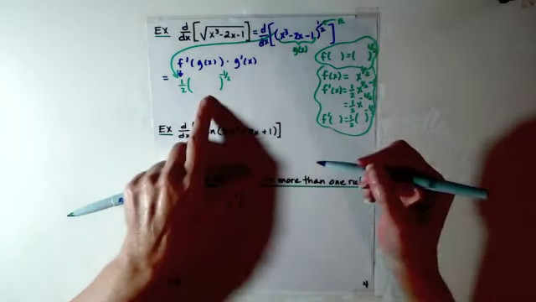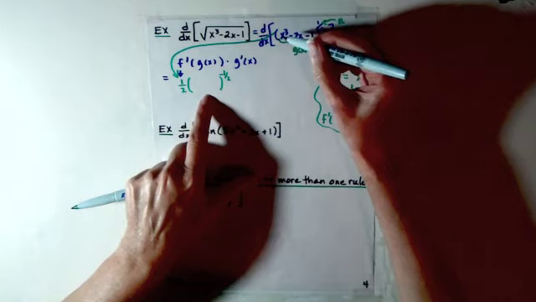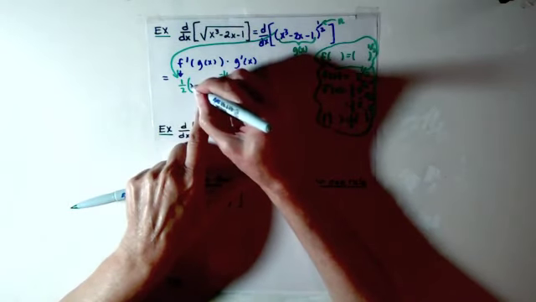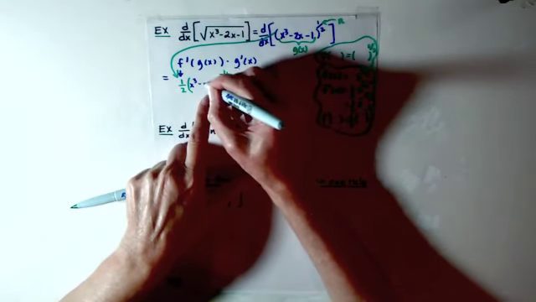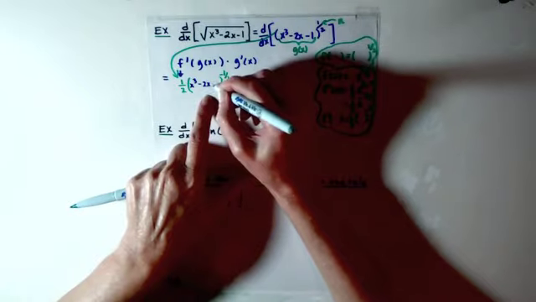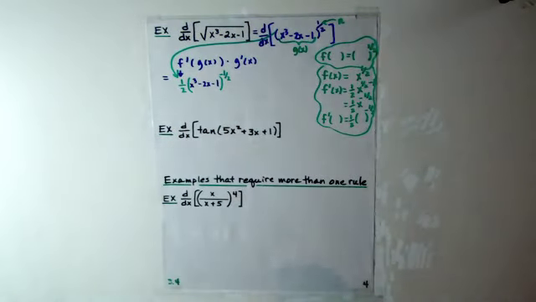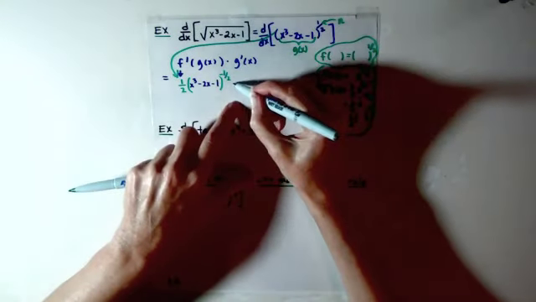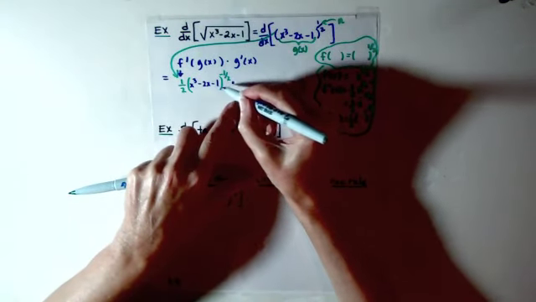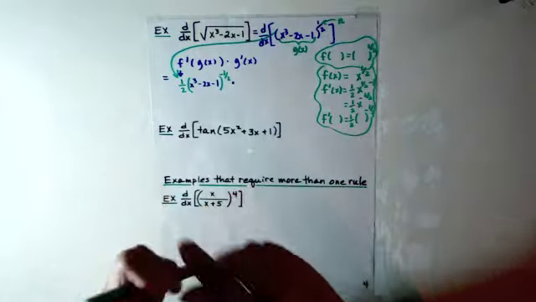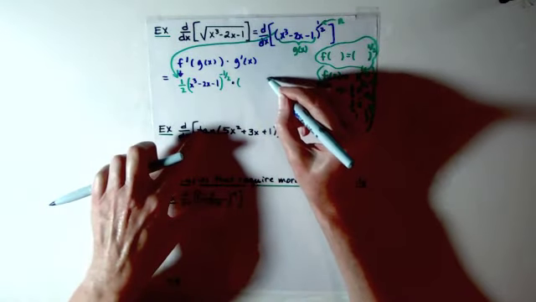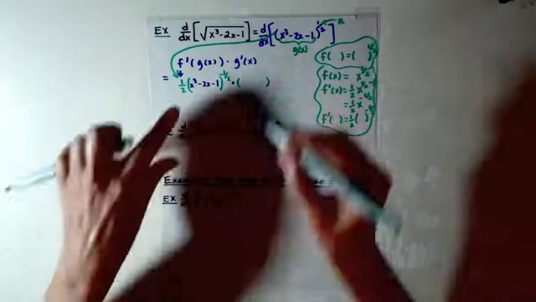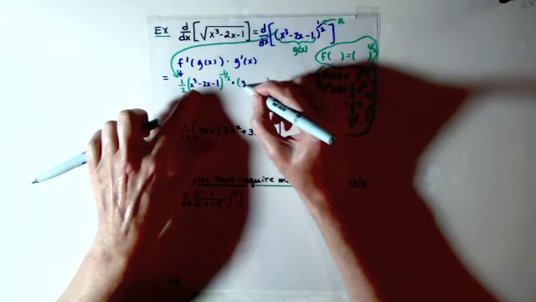I want to evaluate that at my inner function, and g of x is this thing, x cubed minus 2x minus 1. So that's derivative of the outer, evaluated at the inner, and then I just have to remember to multiply by derivative of this inner function, and the derivative of the inner function, let's see, would be 3x squared.